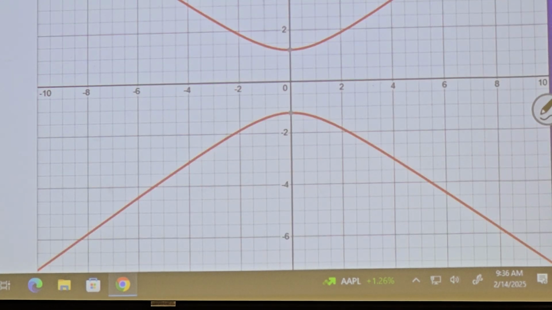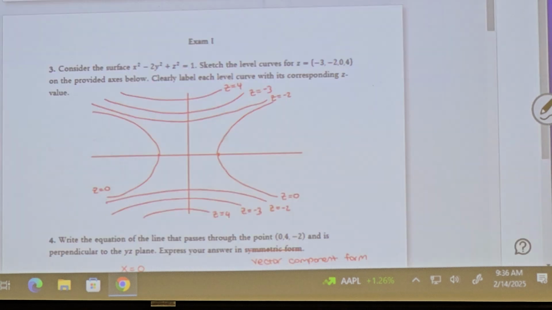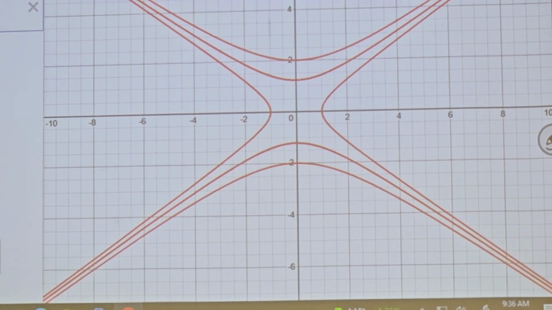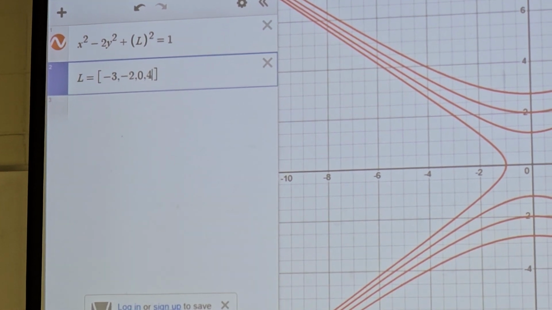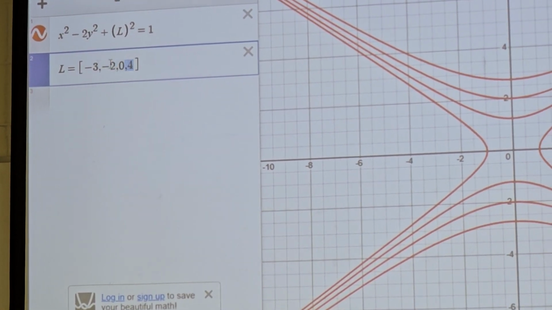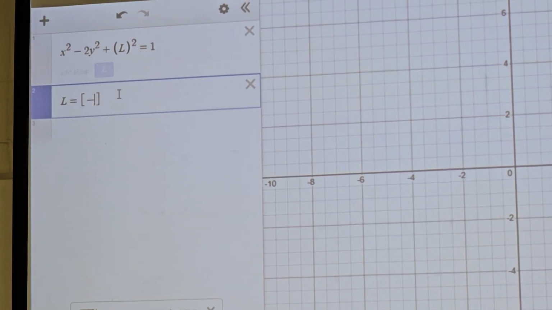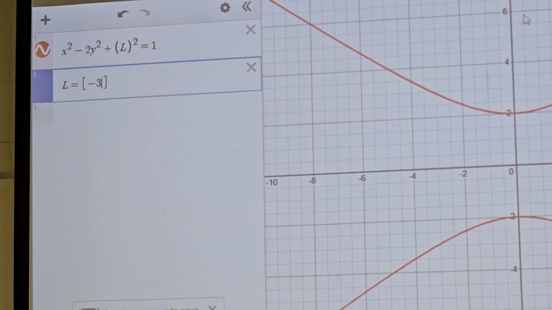Or you could have said this is like L, and then just graphed all of them at once. This way it gives you the entire picture, but you lose sight of which level curve is which. So doing it individually would have just helped you see, like, okay, well, that's the first equation. I'm going to label that as equals -3.